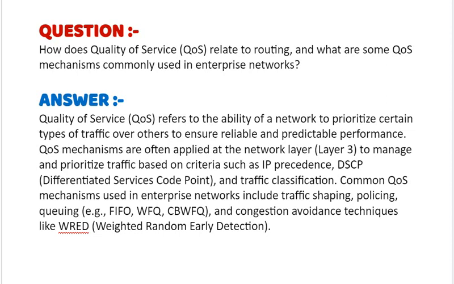Common QoS mechanisms used in enterprise networks include traffic shaping, policing, queuing, for example, FIFO, WFQ, CBWFQ, and congestion avoidance techniques like WRED, weighted random early detection.